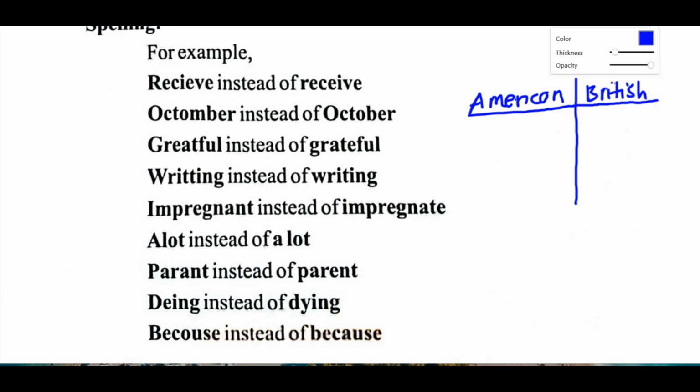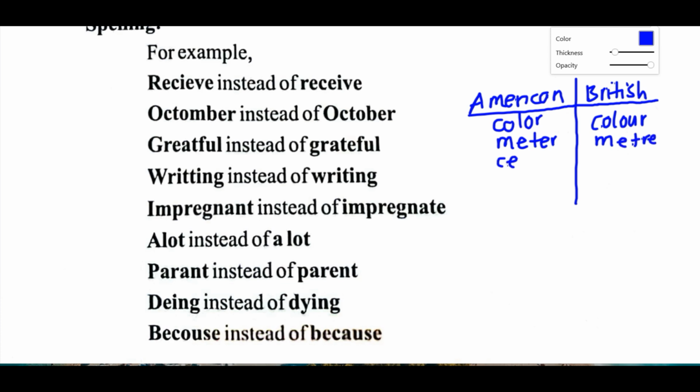For example, the correct spelling for color in terms of America is this one, color, but for British we use this one. Let's say meter. British, it's RE.